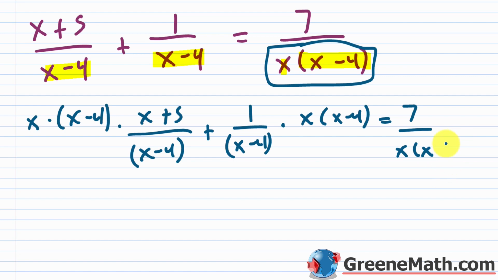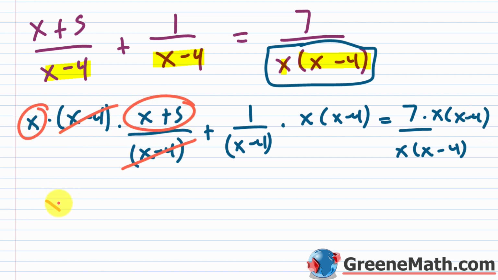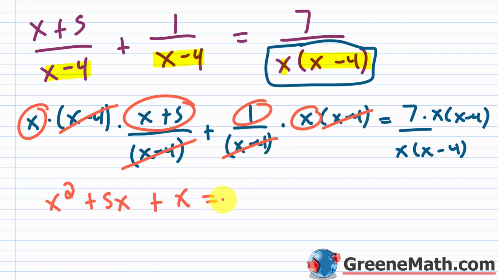Let me make this 4 a little bit better here. And this is times this x times the quantity x minus 4. So let's cancel this with this. You can have x times the quantity x plus 5. So that's x squared plus 5x. And then plus, over here, this would cancel with this. So you have x times 1, which is just x. And this equals, over here, this would cancel with this, so you just have 7.